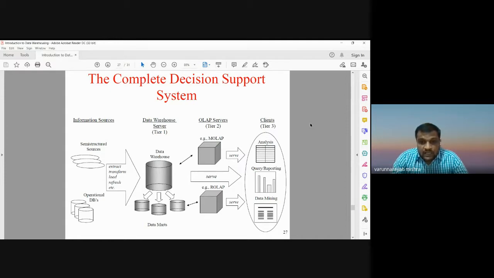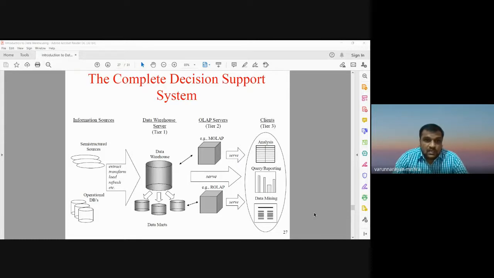And finally, the information coming from the sources, from different servers, through online analytical processing, will be used by the client for different applications. The client can use this information in analysis of the data sets, query reporting of the data sets, or data mining options or data mining practices.